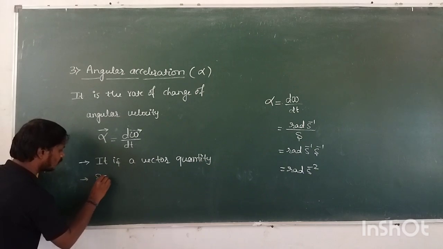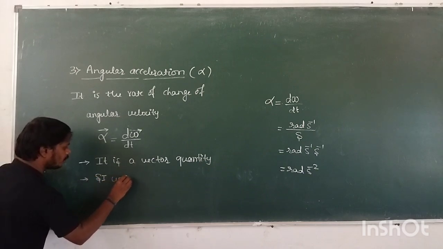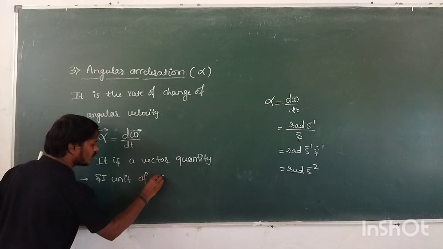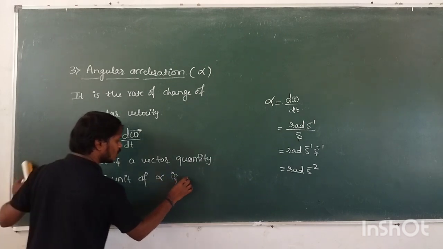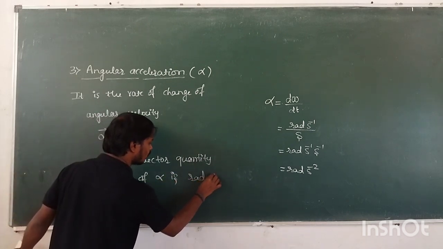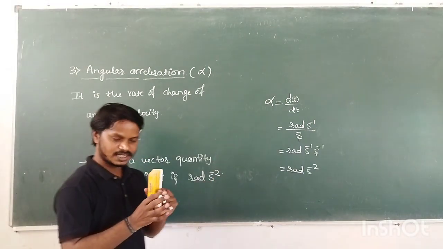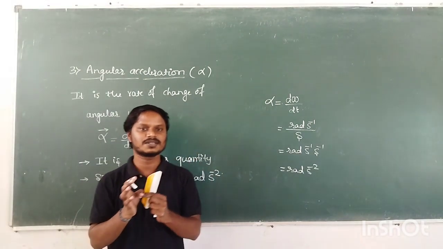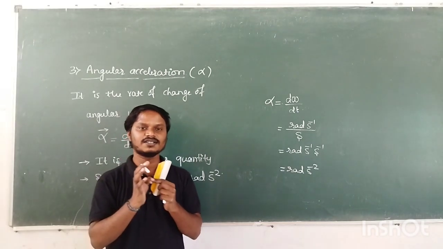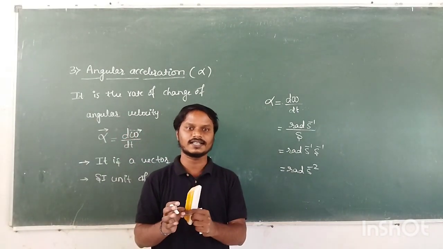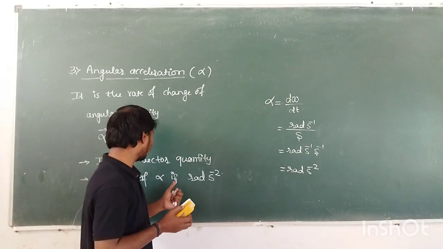SI unit of angular acceleration is radian per second square. Once again, what is the SI unit of angular displacement? Radian. Angular velocity? Radian per second. Angular acceleration?